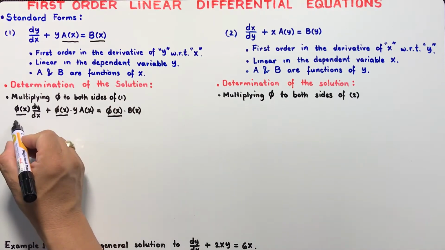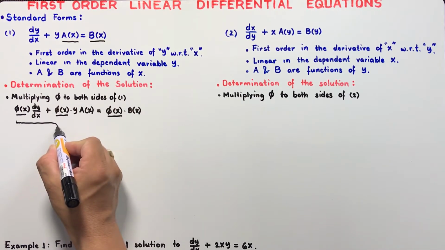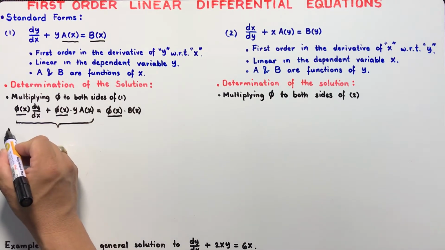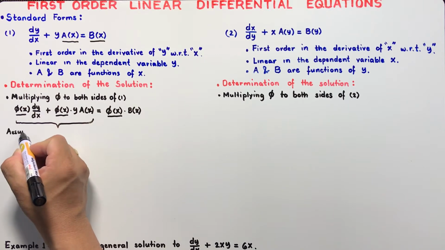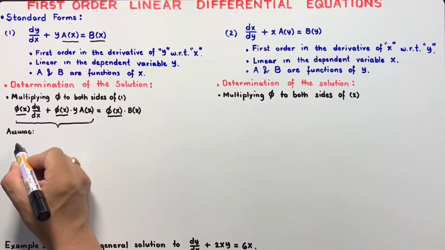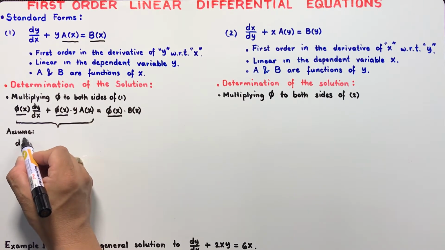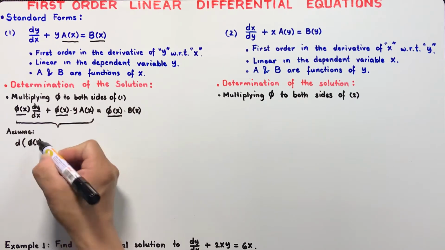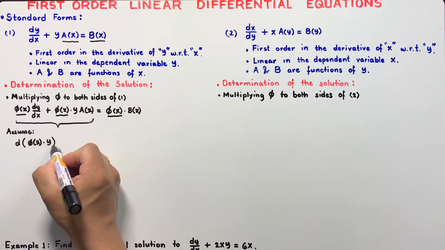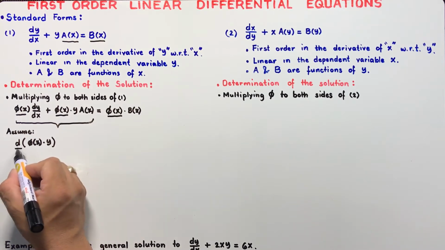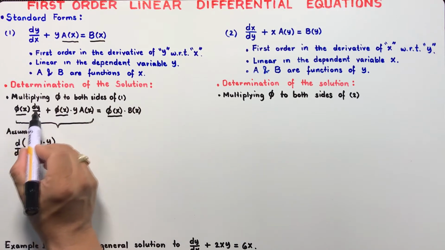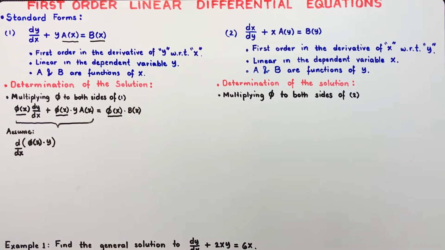Now, we notice that the left side of the equation is somewhat like a derivative of a product. So here, we may assume that this is a derivative of a product, say phi of x times y. And of course, this is with respect to x because this involves phi of x and the dependent variable y.